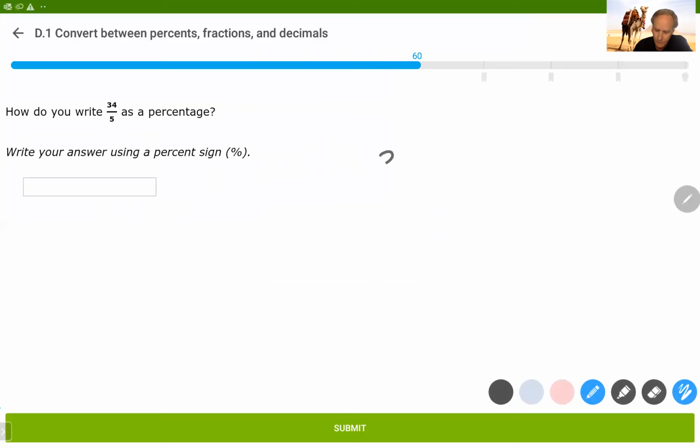34/5. Okay, 34/5. In a lot of ways, it's easier to actually write this if you have it as a mixed number, which is one of the few cases where I like mixed numbers. So I'm going to go ahead and divide the 5 into 34. It goes in 6 times with a 4 remainder. And to change 4/5 to hundredths, we have to multiply by 20, the numerator and the denominator.